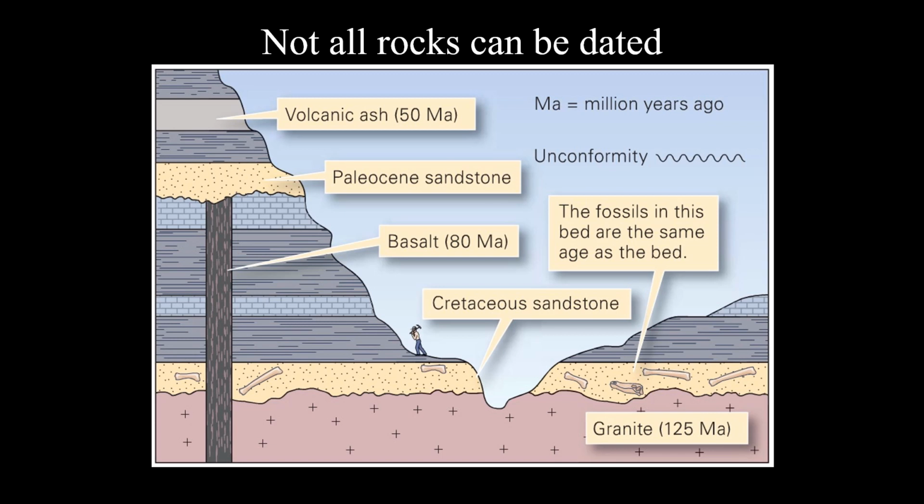So if I try to date it, I'm not dating the time period when my sandstone formed. I'm dating the little bits and pieces of other rocks that were fed in to make this sandstone. And so we are going to be using both relative and numerical dating when we have a package like this, because not all rocks are conducive to numerical dating.